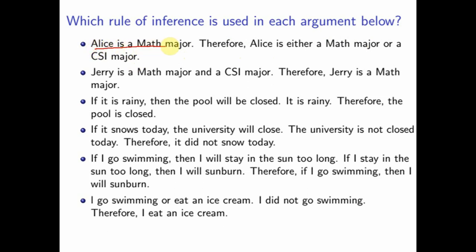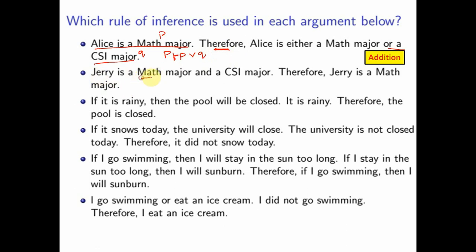So Alice is a math major, let us call it P. Alice is a math major, once again P, or a CSI major, let us say Q. So it says P is true, then P or Q. Sorry, this is the conclusion. The word therefore indicates whatever follows is the conclusion. Can you identify the rule over here? Yes, this is the addition.